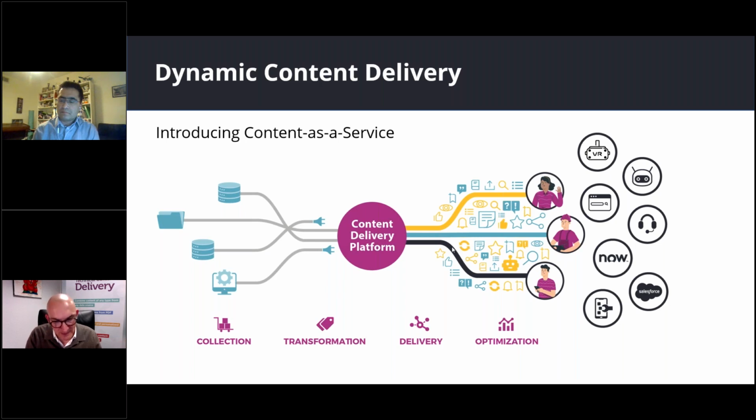So it's about aggregating content, creating a unified knowledge hub, a sort of knowledge database that contains all the info that people need, and then feeding as many touch points as you need where people could find that information.